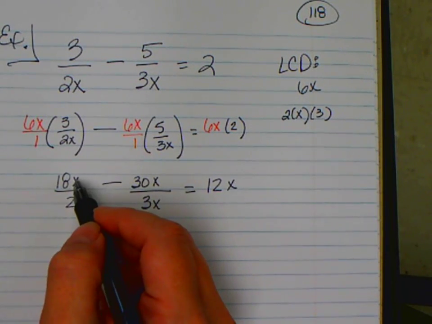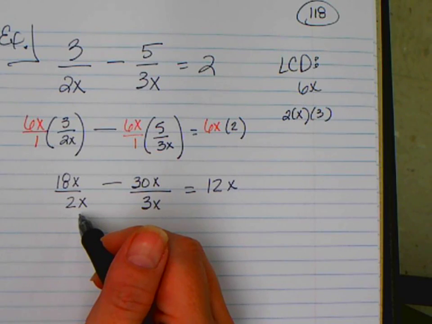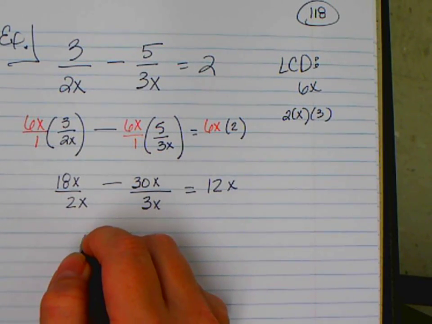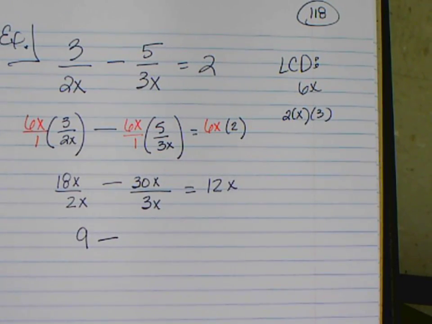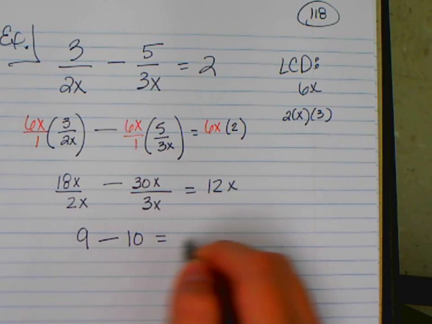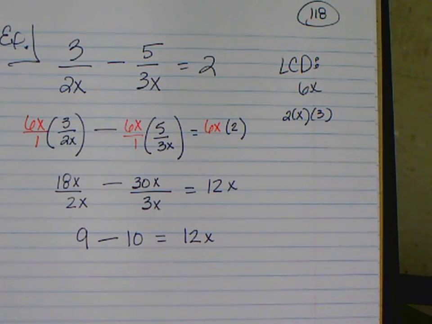All right, 18 divided by 2 is 9, and x divided by x is 1. So basically, 18x divided by 2x is 9. Minus, what's 30x divided by 3x? 10. Equals 12x. This looks like we're going to get a fraction. Is that okay? Yeah.